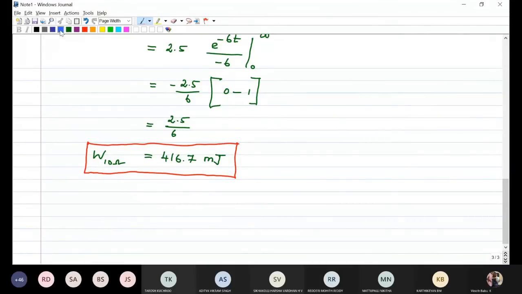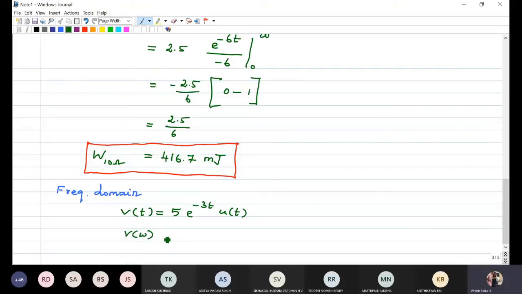Next one. We'll try to find out the energy in the frequency domain. So v of t is given to us. It is 5 e power minus 3t into u of t.